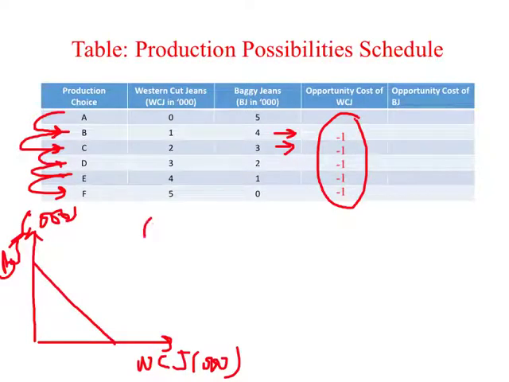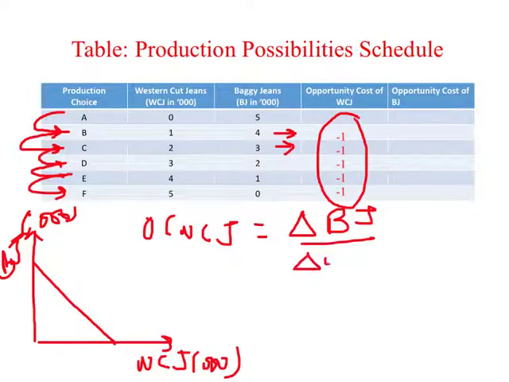Now, what is the opportunity cost of Western cut jeans? It is change, I'll use a triangle to represent change, in baggy jeans divided by change in Western cut jeans.